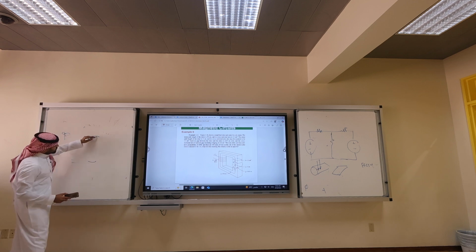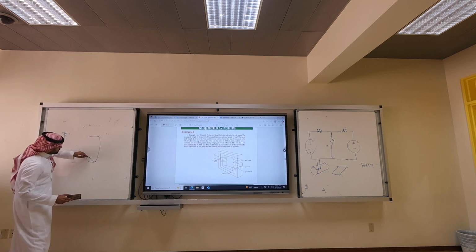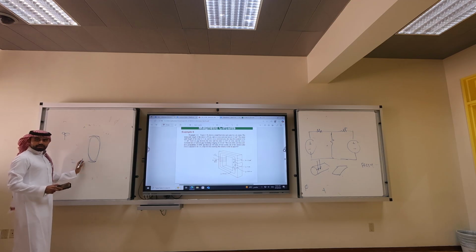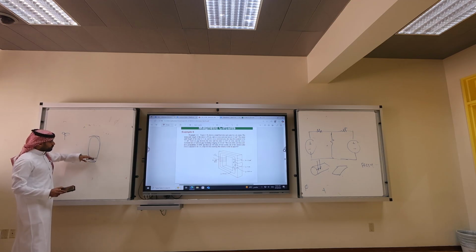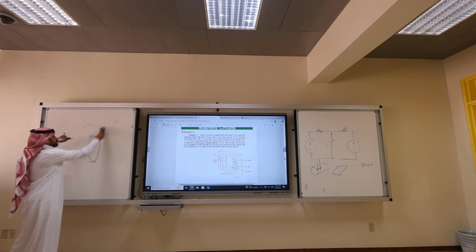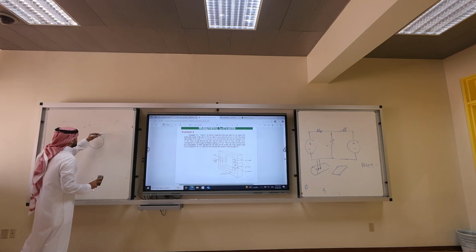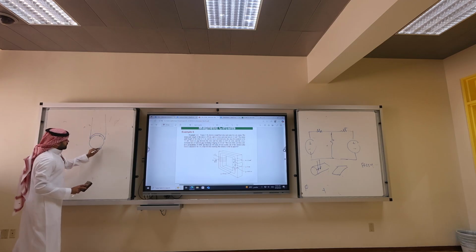Think of the rotor as having no corners. Get it? That's why the cross section of it is the same as the core. That's the rotor. Think of it as the core, like so. They all have the same cross section.